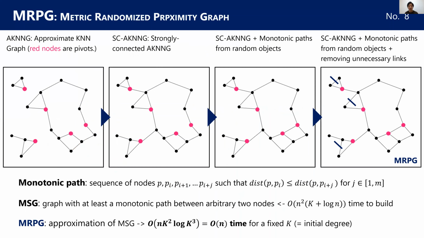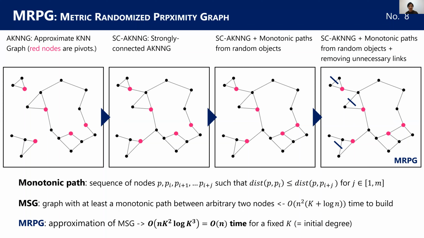This slide shows the steps for building our proximity graph, metric randomized proximity graph, MRPG. An important concept is monotonic path. This is a sequence of nodes beginning at an object P, and it is ordered by distance from P. If P has monotonic paths to its neighbors, it is easy to understand that we can reduce the number of false positives.